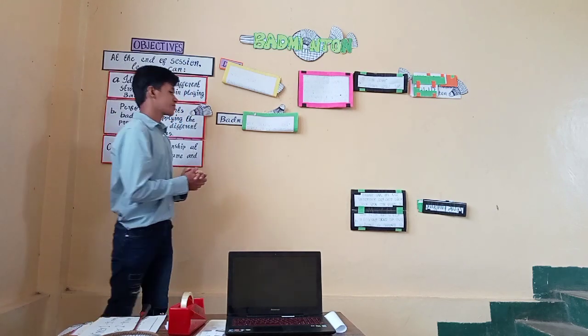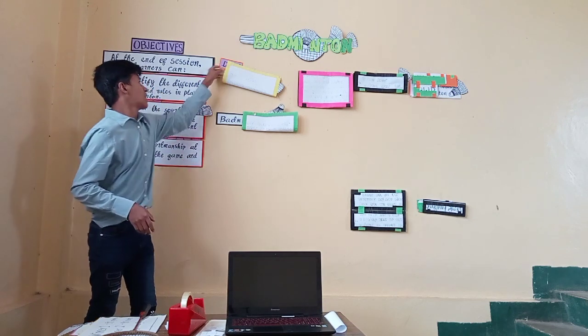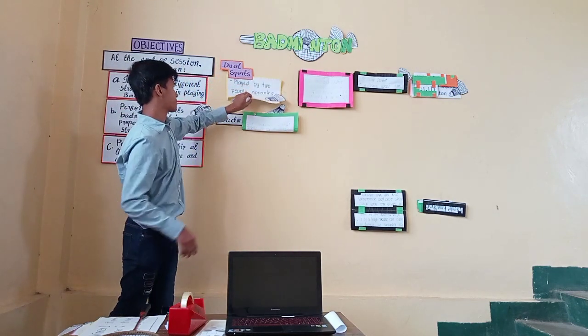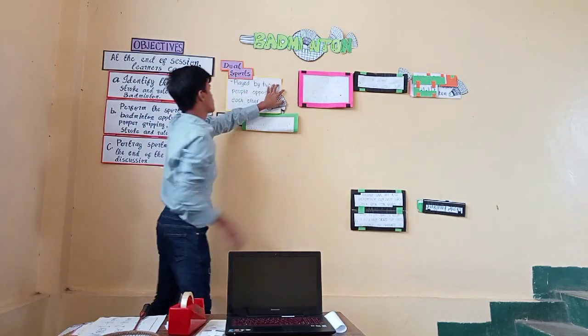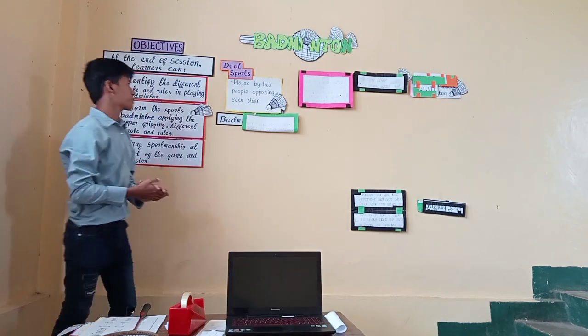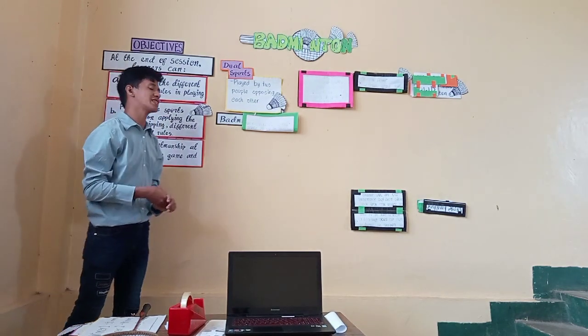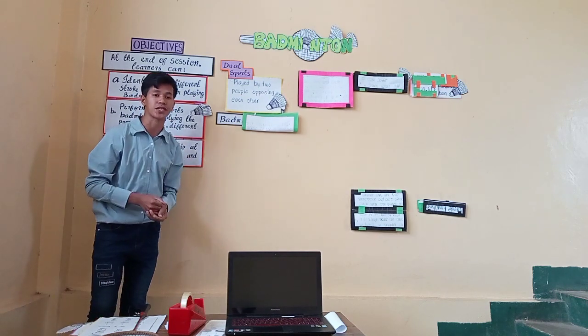Now, let's define dual sport. A dual sport is played by two people opposing each other. Basically, badminton is a dual sport.